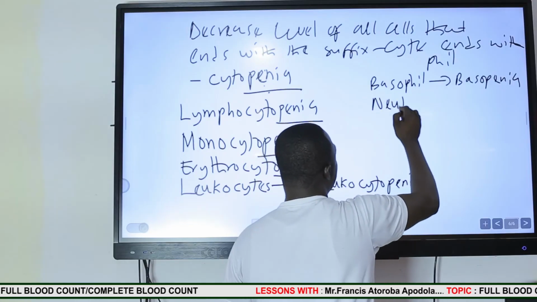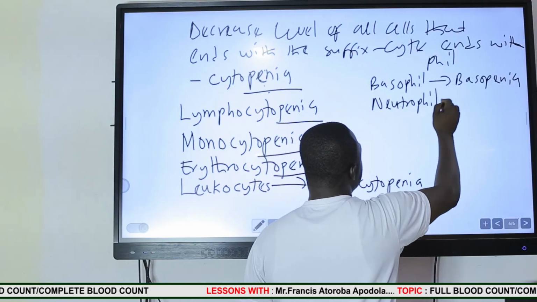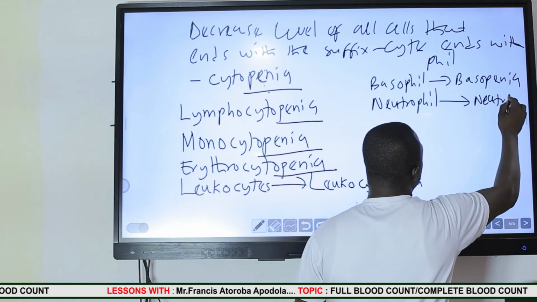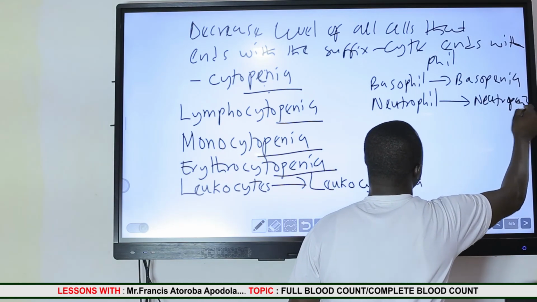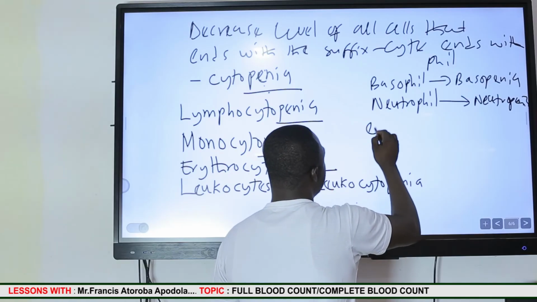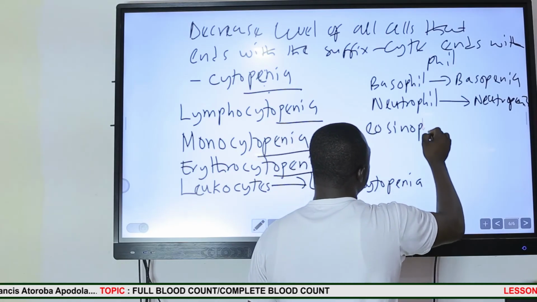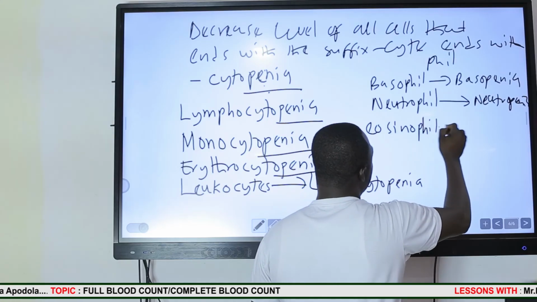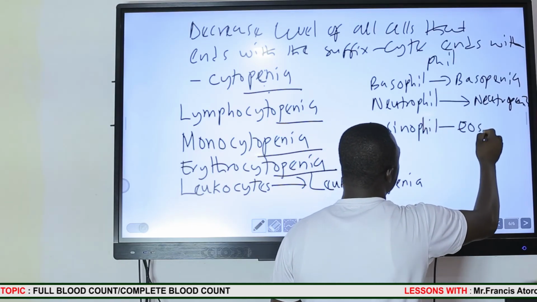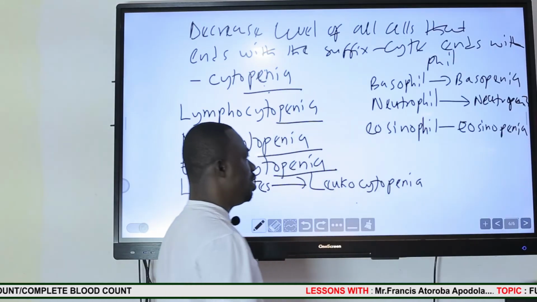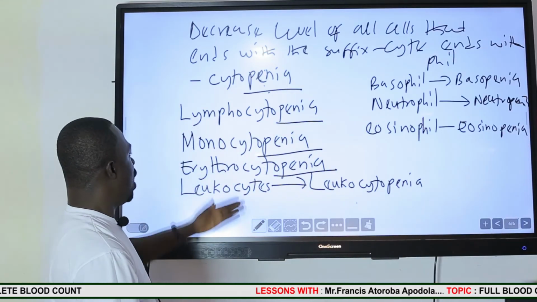Then the decreased level of neutrophil will be described as neutropenia. Are you referring to eosinophil? Then the decrease in the number of eosinophil will be called eosinopenia. So penia means a decrease. So that is the difference.